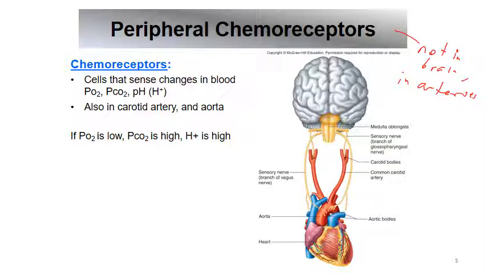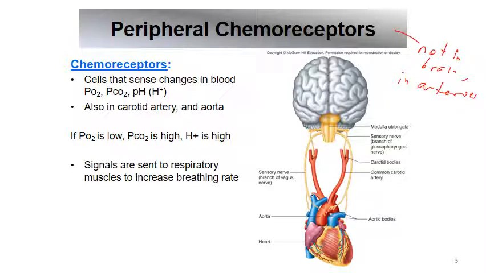If the partial pressure of oxygen is low, carbon dioxide is high, and hydrogen ions are high, then signals get sent to the respiratory muscles to increase the breathing rate. These chemoreceptors look at the oxygen levels, CO2 levels, and hydrogen ions, and send the signal up to the brain. You can see in the picture the nerves taking the information to the brain, and then the brain sends the information to your muscles to increase breathing.